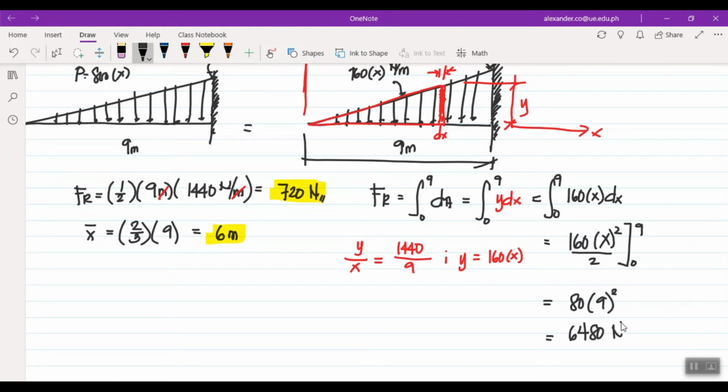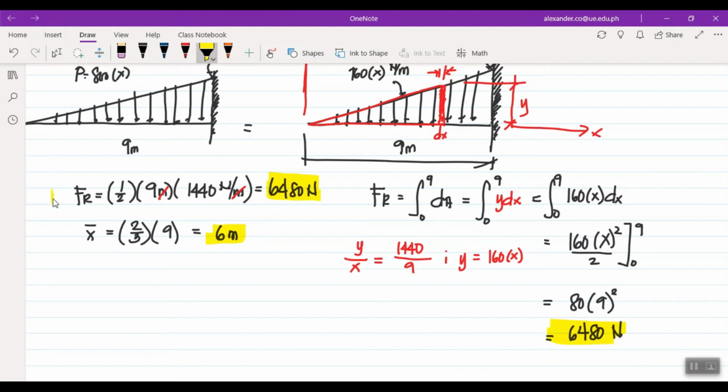The unit is in Newton. Okay, so the same answer. Ito kasi mali. Mali yung pagka-calculate ko, no? So, 1,440 times 9 divided by 2, it's the same answer. It's 6,480 Newton.